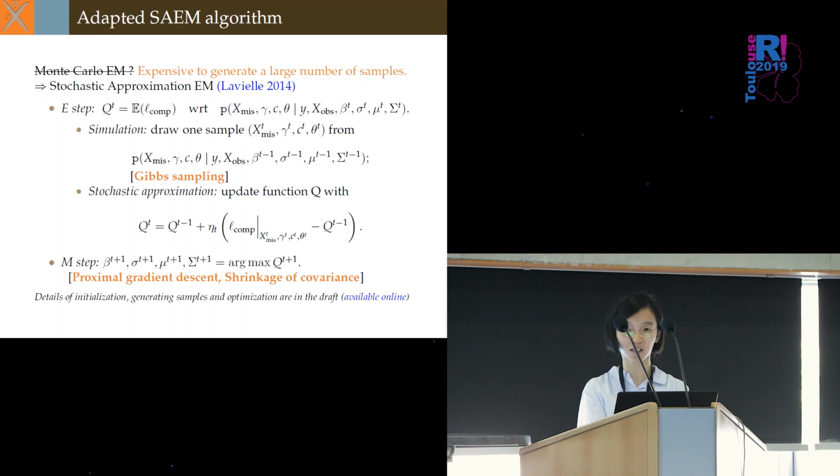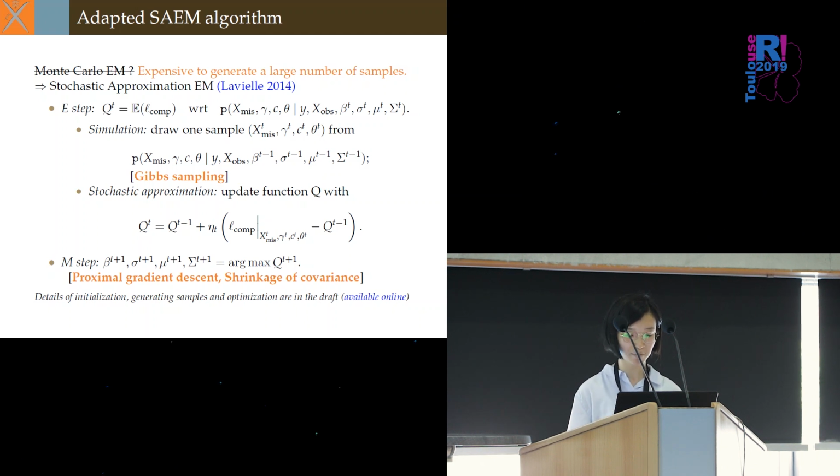The original E-step involves the evaluation of the conditional expectation with respect to the distribution of missing values, denoted by the quantity Q. But here in stochastic approximation EM, we replace this step by drawing a sample of missing values from their conditional distribution, and then apply a stochastic approximation formula on the function Q with the complete likelihood integrating the sampled missing values.